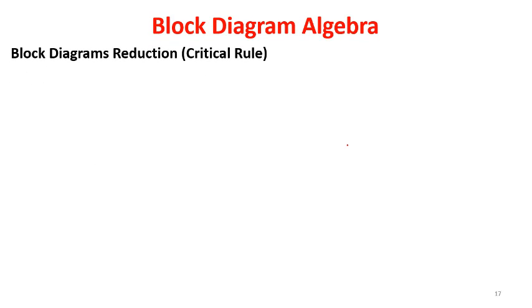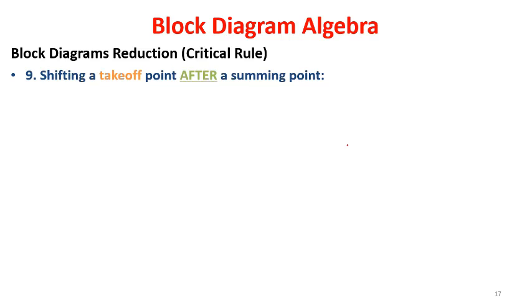Next, in block diagram reduction, we have two critical rules. Let's go through this one. The rule number 9. Here we have a typical problem where we have to shift a takeoff point after a summing point.